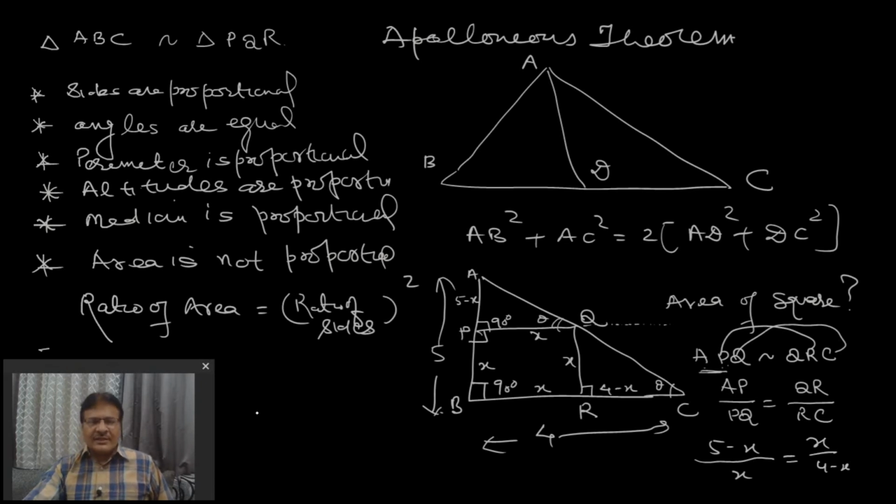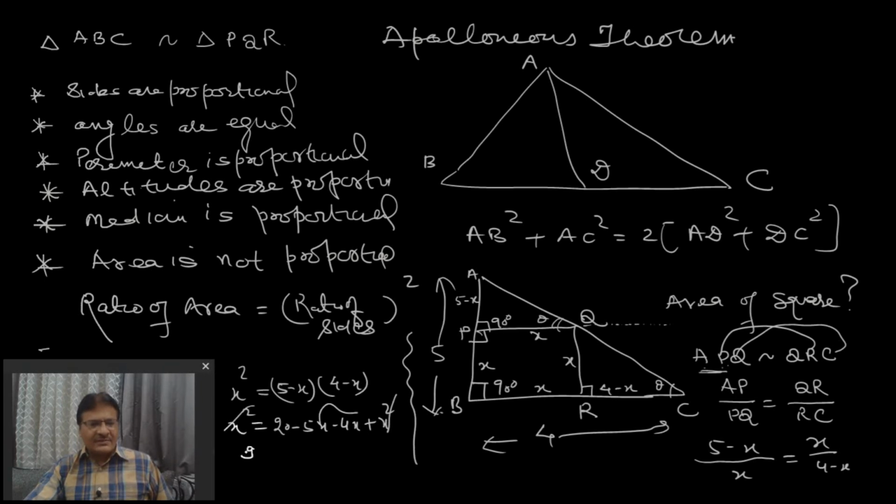If we cross multiply, then x square equals 5 minus x multiplied by 4 minus x. So x square equals 20 minus 5x minus 4x plus x square. This x square cancels with this x square. So 5x plus 4x, 9x. So 9x equals 20. So x equals 20 by 9.